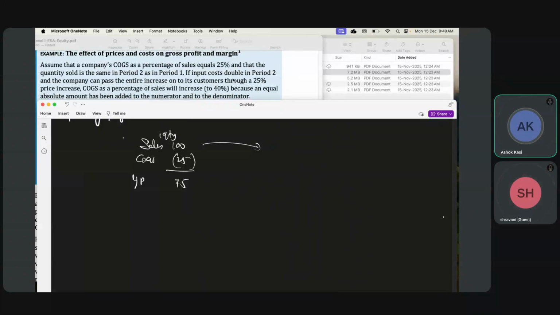If the cost doubles in period 2, so for this one quantity, now the cost is doubling to 50. Okay, it doubles in period 2, and the company can pass on the entire increase to its customer through a 25% price increase. So 25 rupees it has gone up. So here also they are increasing 25%. So it will become 125.